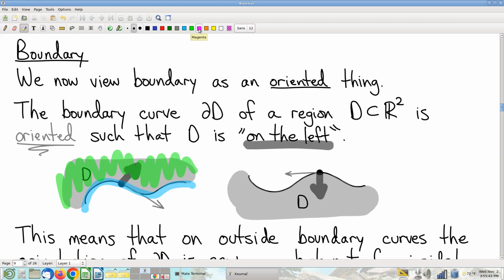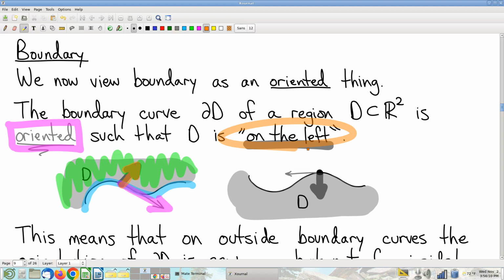Which way does the orientation go? It goes in the direction such that as you go that way, the region whose boundary you're interested in is on the left. So you have to imagine now, pretend this is a flat, horizontal surface, and imagine that you're walking along this boundary curve like it's a little path.